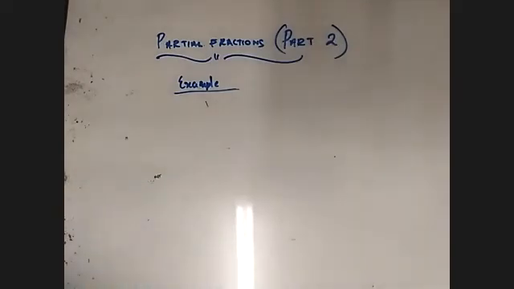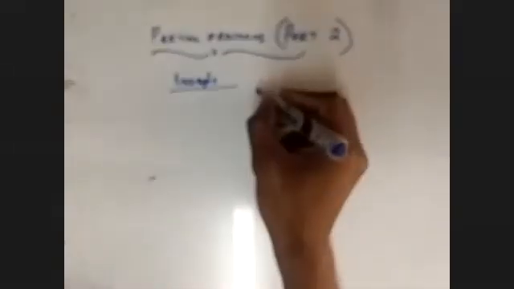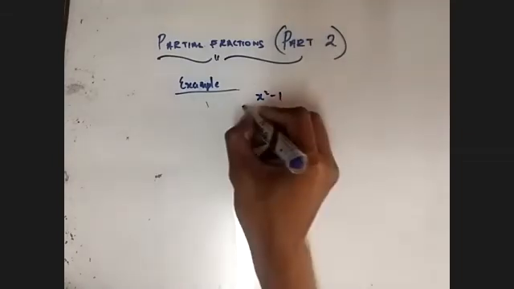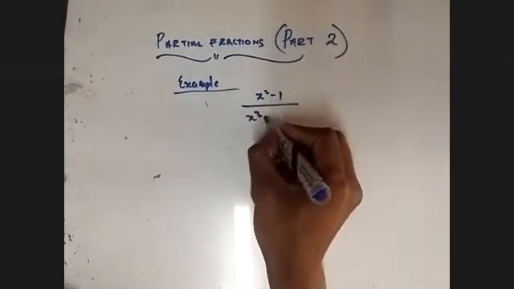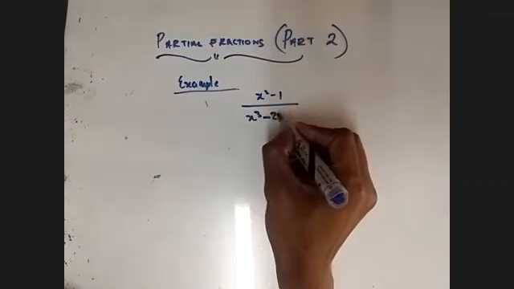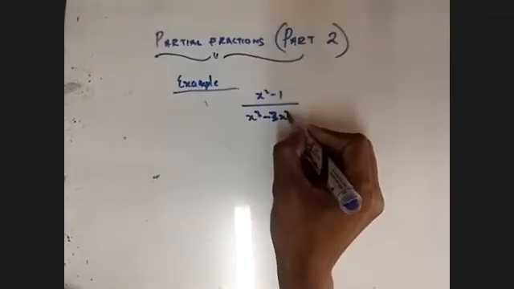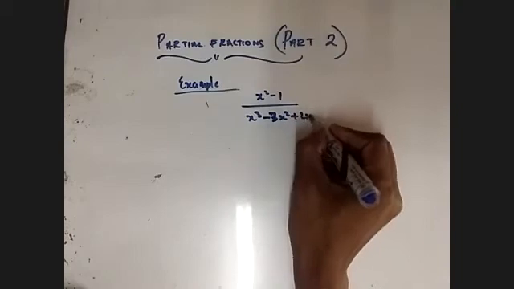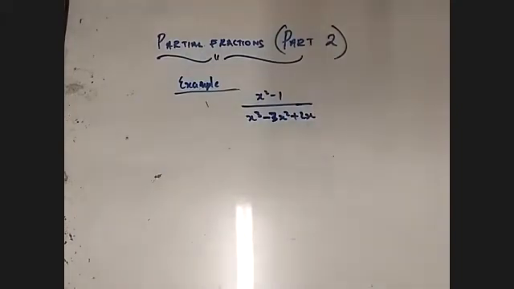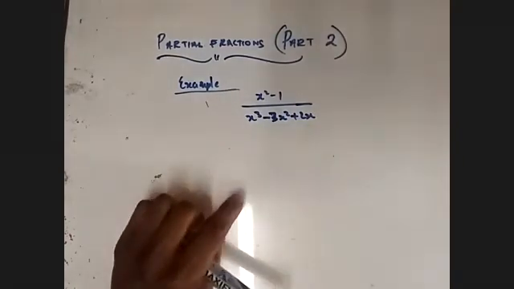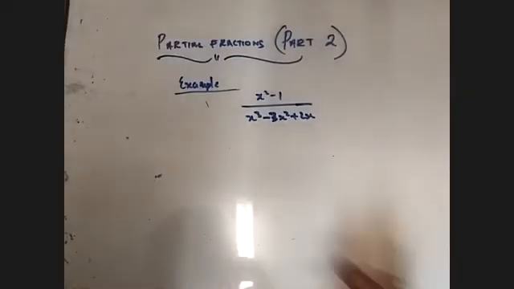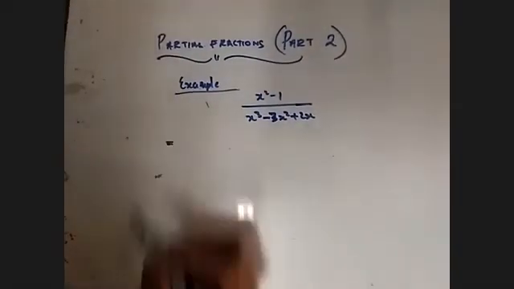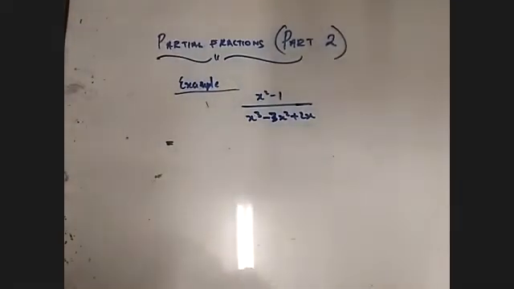The question is x squared minus 1 divided by x cubed minus 3x squared plus 2x. We need to find the partial fraction decomposition.